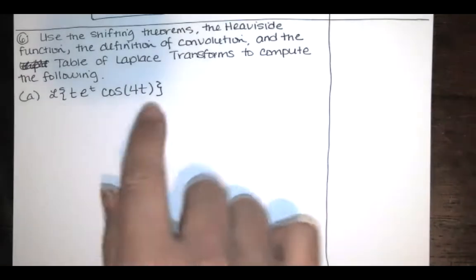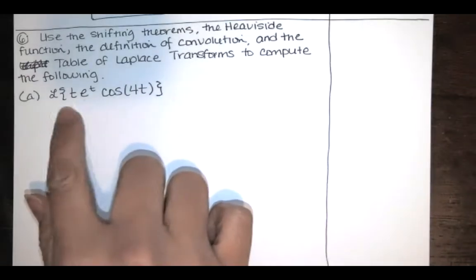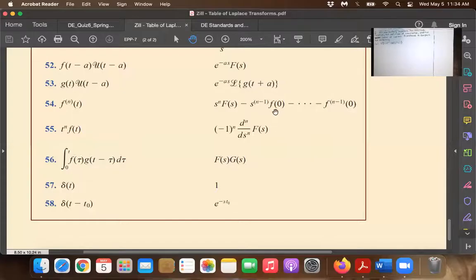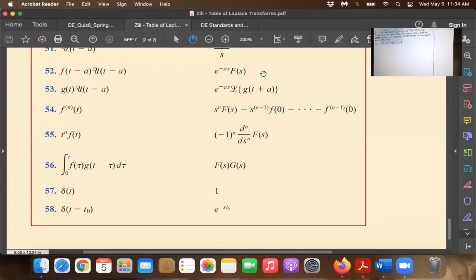And since it's got a product of 3 expressions, the exponential, the polynomial, and the cosine function, chances are it's not in our table. I think the easiest theorem to use is the one where you have the e to the at times f of t, but let's look at our table and show that that's true. Okay, so here's our table.